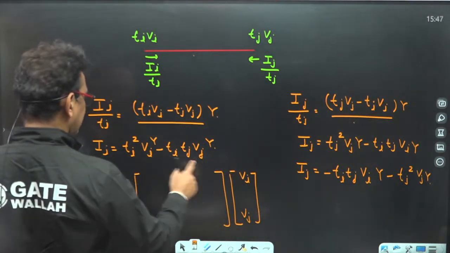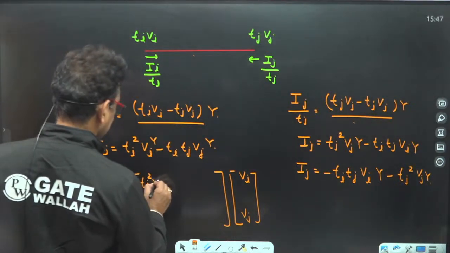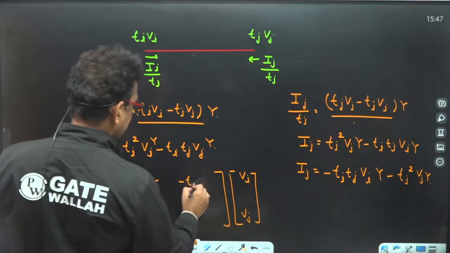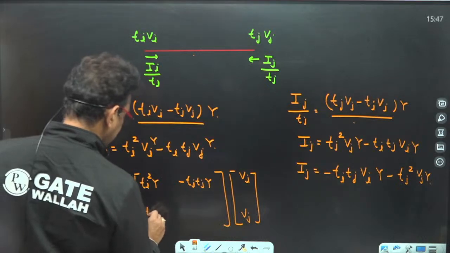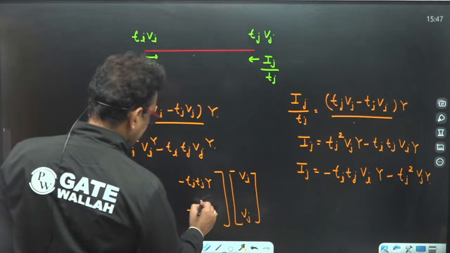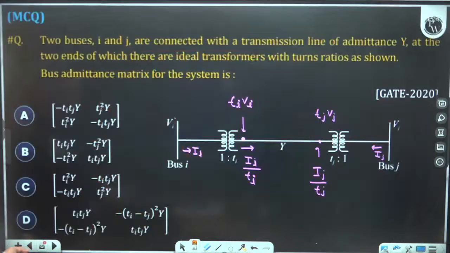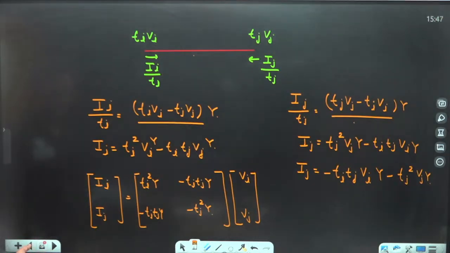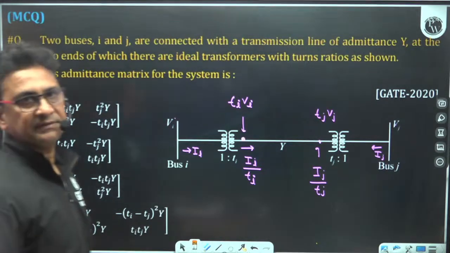Vi Vj, it is Y into Ti square, minus Ti Tj Y, minus Ti Tj Y, minus Tj square Y. Which one is the correct one? No, Ti square Y. This one. C is the correct one.